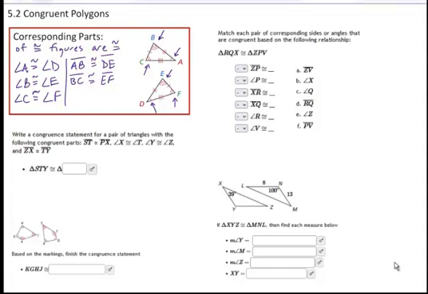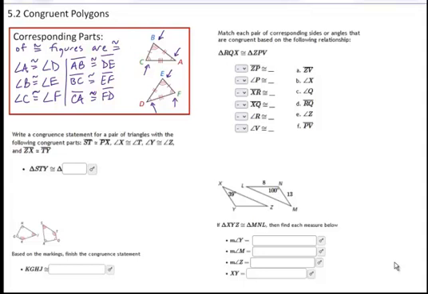EF. And then finally, side CA corresponds to which side? Has the three tick marks, so that corresponds to FD. And it doesn't matter the order that you write the sides or the points from the sides, but those are how the corresponding parts of two congruent figures are congruent themselves.